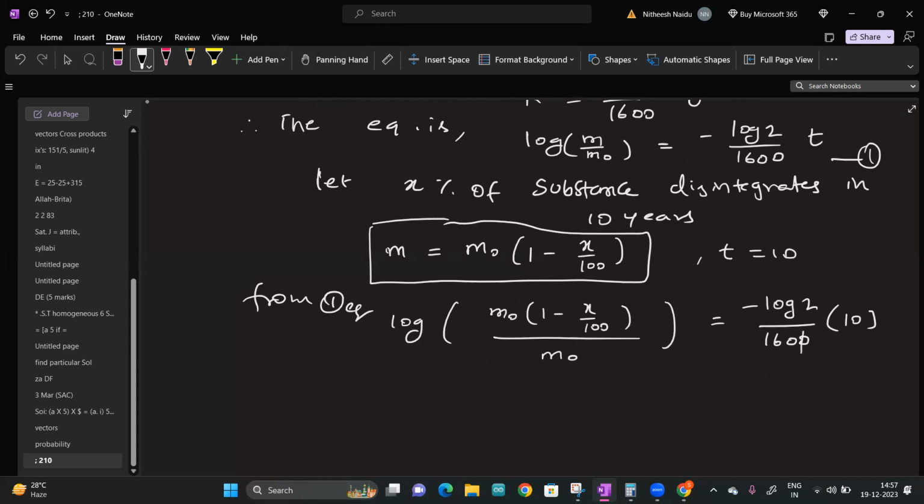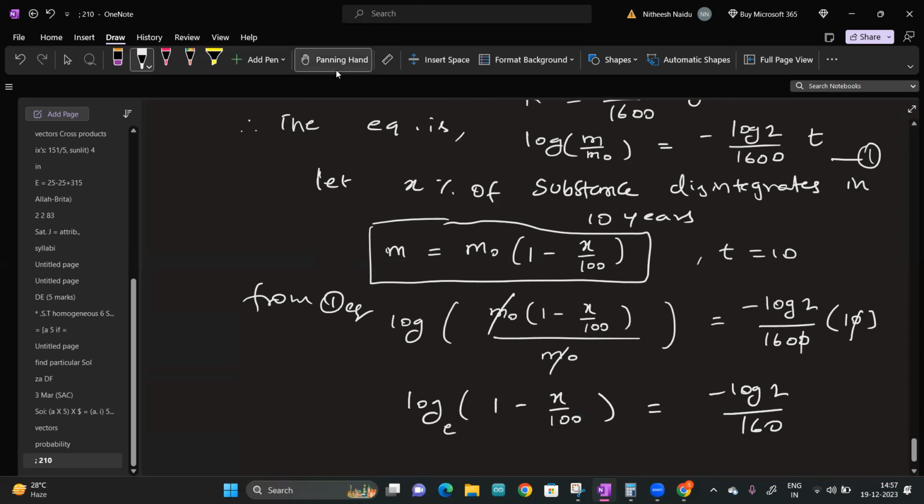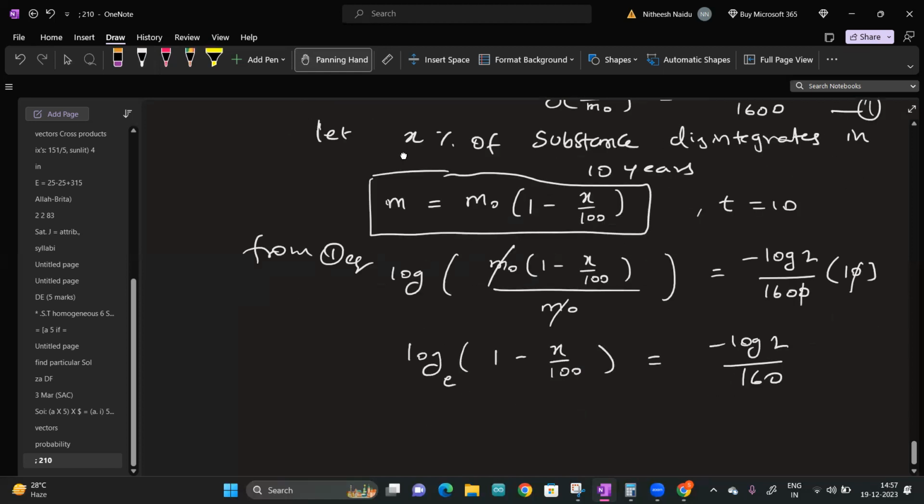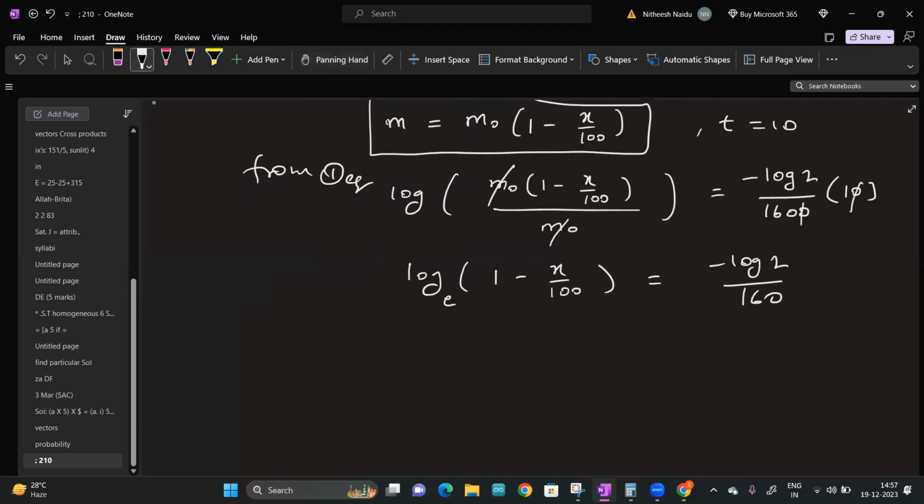Now you can cancel the 0 from here, and m naught got cancelled. Log of 1 minus x by 100 is equal to minus log 2 by 160. This is base e. Now you can calculate the x value. So 1 minus x by 100 is equal to e power minus log 2 by 160.